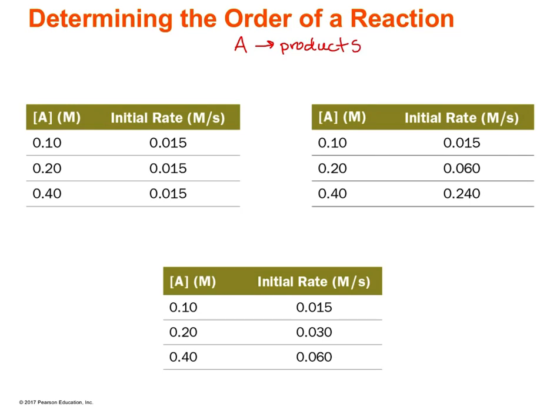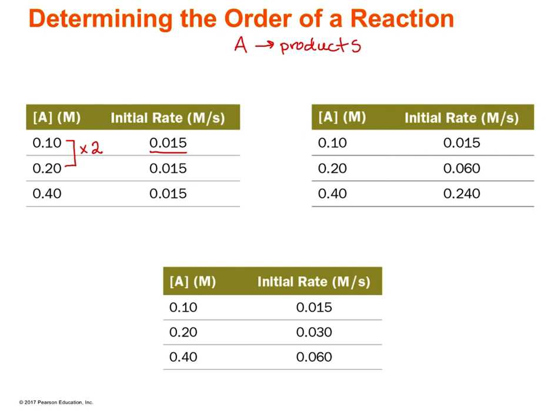So in our first reaction, let's say that we double the concentration of the reactant. So initially our reactant concentration was 0.1 moles per liter, and we found that the initial rate was 0.015 moles per liter per second. And then we doubled the concentration of A and measured the initial rate. So the new concentration of the reactant is 0.2 moles per liter.